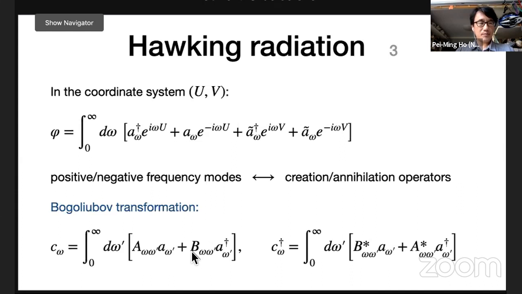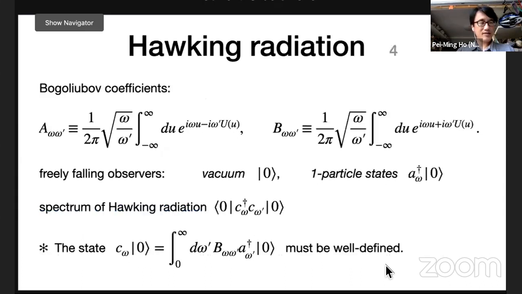And then the Bogoliubov transformation relating little c, c dagger, and little a, a dagger tells you that if you take the vacuum for freely falling observers, namely the vacuum annihilated by little a, it is not a vacuum for the particle notion defined by little c.